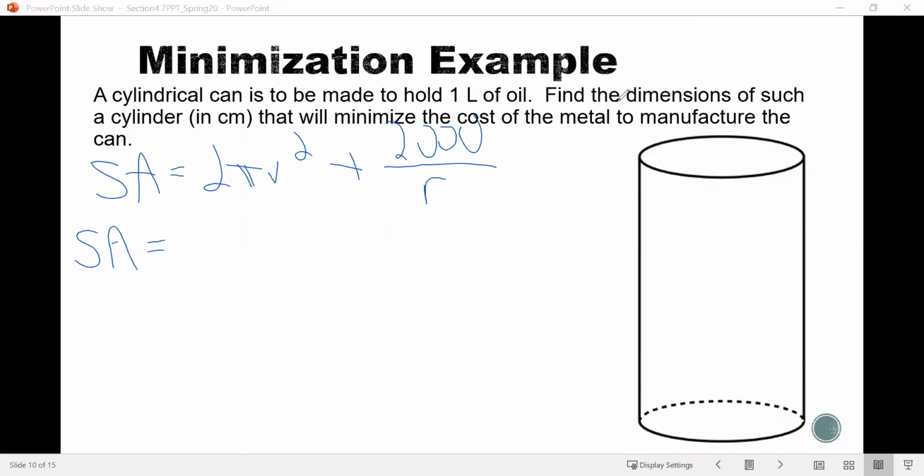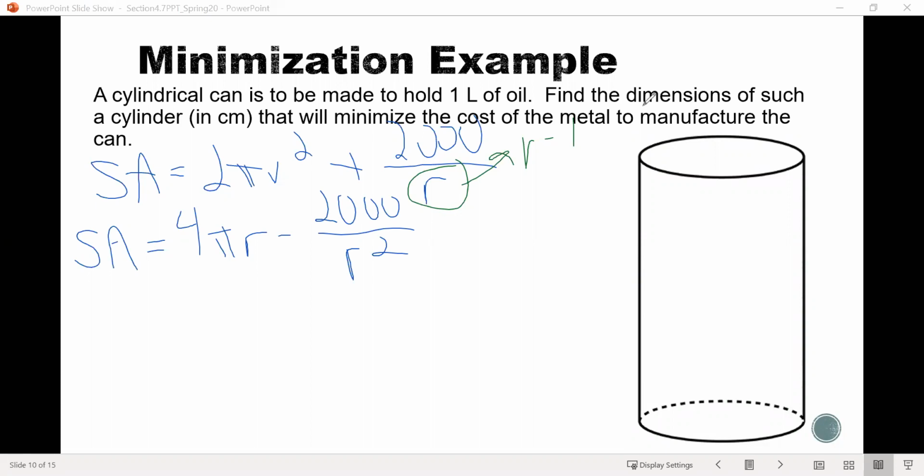The r here, you'll want to bring up and make r to the -1, so that when you take the derivative, we should end up with 4 pi r minus 2,000 over r squared. Okay, and you can double check me on that.